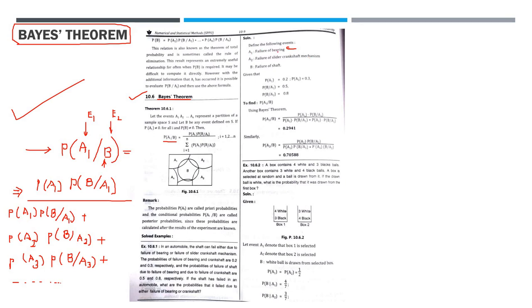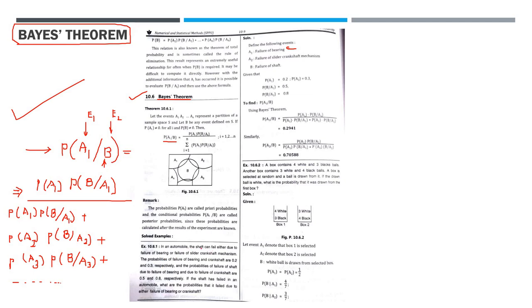A1 is the event of failure of bearing, and A2 is the event of failure of the slider crank mechanism. And this total is associated with the failure of the shaft. We'll see that also.